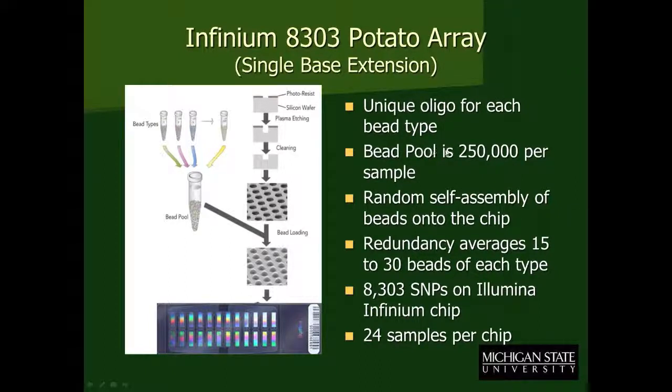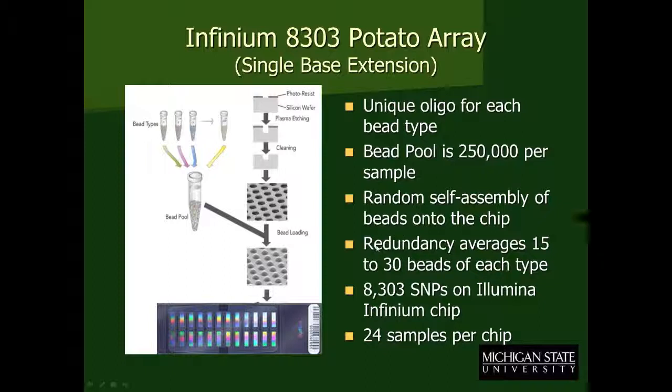Illumina creates a bead pool of about 250,000 beads per sample. That sample over here is one of these 24 wells on this chip that you see. Then there's a random self-assembly of these beads onto the chip. You can see them going into the wells over here.